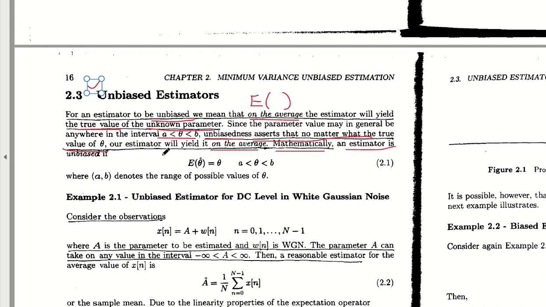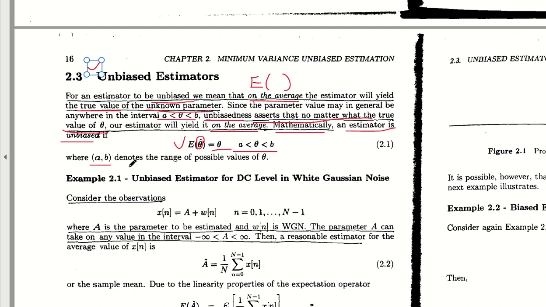Mathematically, an estimator is unbiased if the expectation of theta hat is equal to theta for all possible values of theta. And (a, b) often denotes the range of possible values of theta.